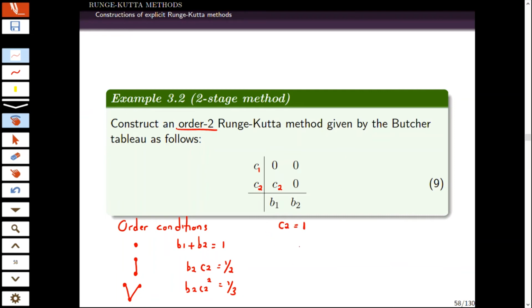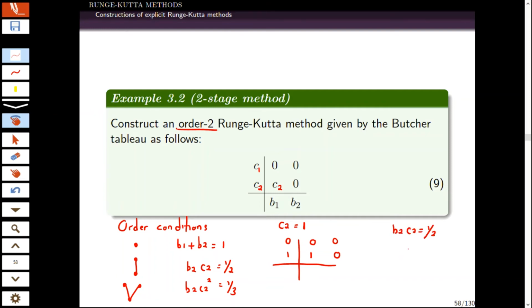So what do I have? I have a method like this. So this C1 here will be 0. And why is that? Because of the row sum condition. If my C2 is 1, it will be like this. So what happened here? I have B2 C2 equals to half.